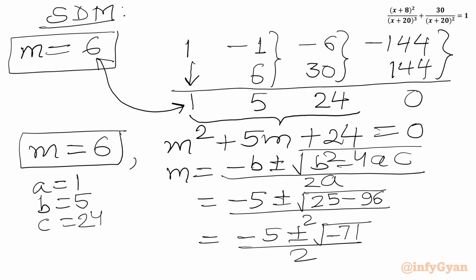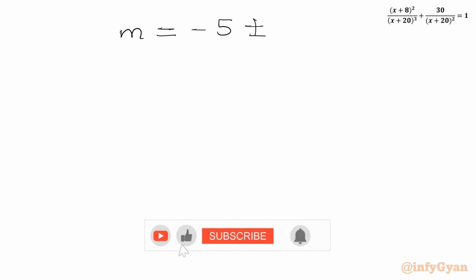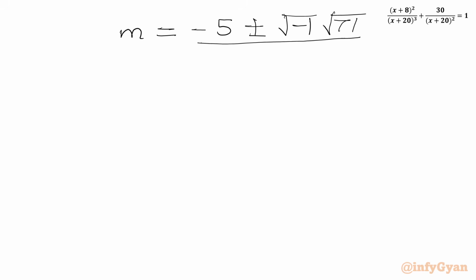We can write m equal to minus 5 plus minus square root of minus 1 times square root of 71 over 2. Now we know that square root of minus 1 is the complex number i.